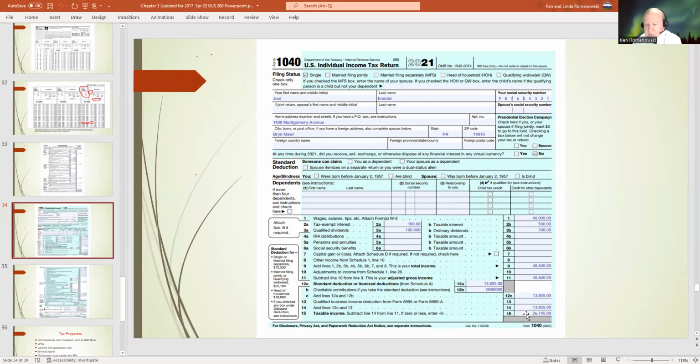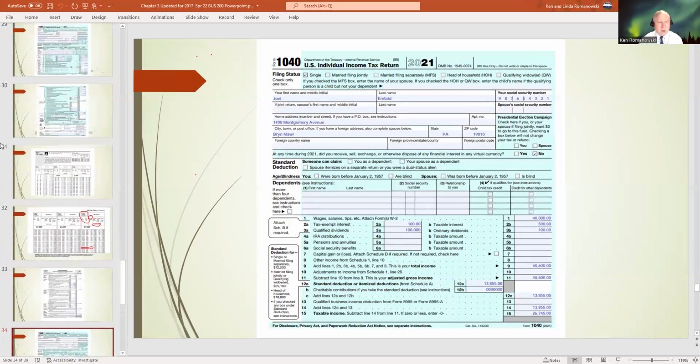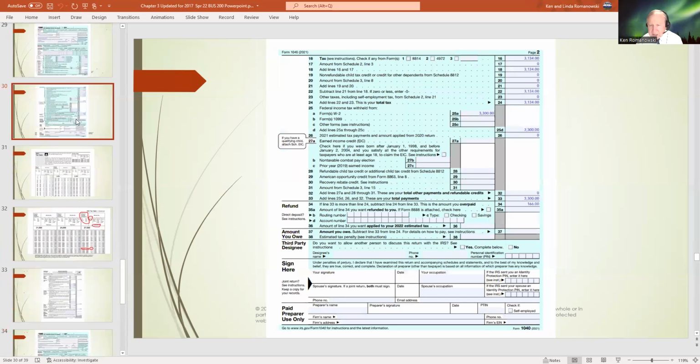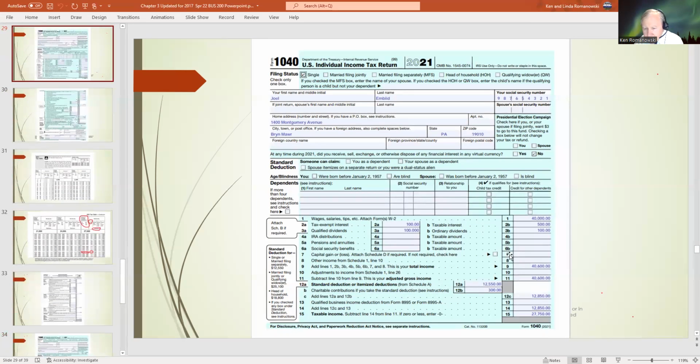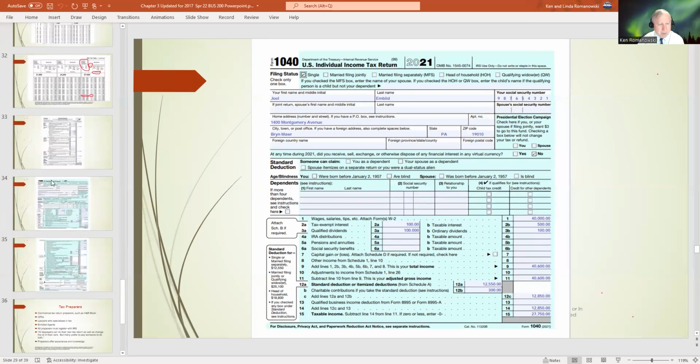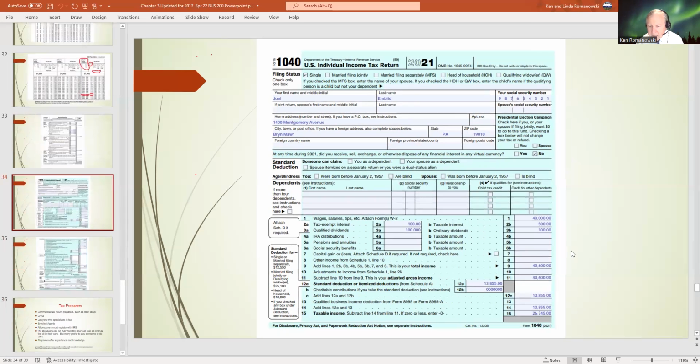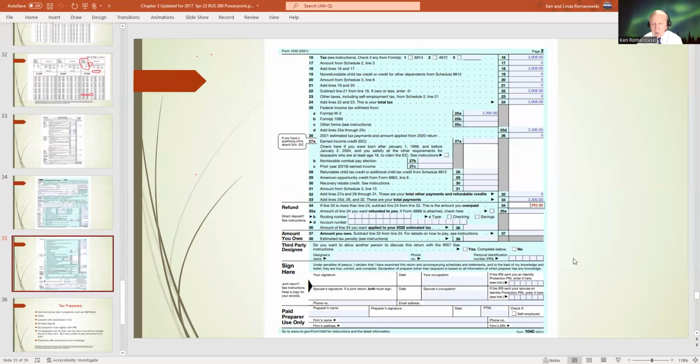That now gives him taxable income of $26,745. Under the old way, under the standard deduction, he had taxable income of $27,750. But now his taxable income is $26,745.